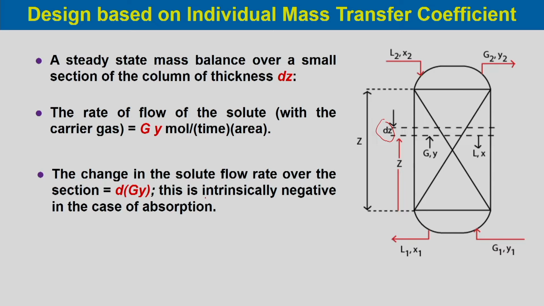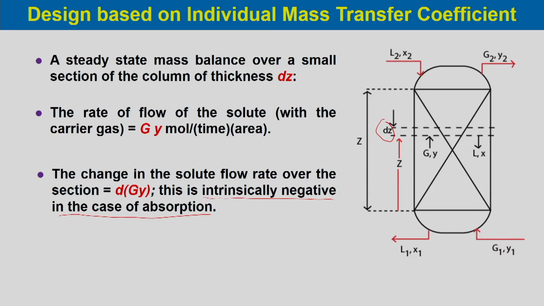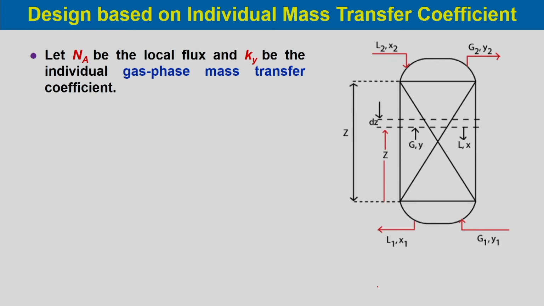This is intrinsically negative in case of absorption, because the solute transfers from the gas phase to the liquid phase. Since the solute concentration is decreasing as the gas flows from one location to the other, it is intrinsically negative.